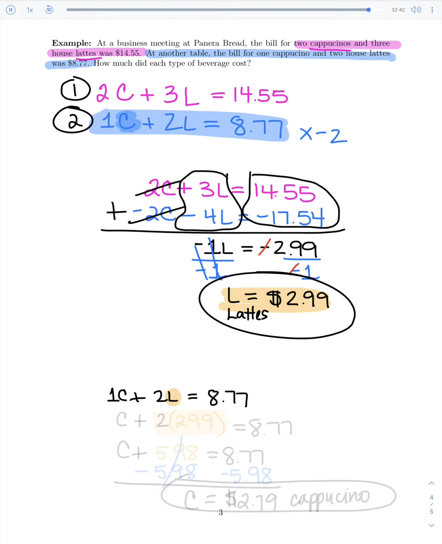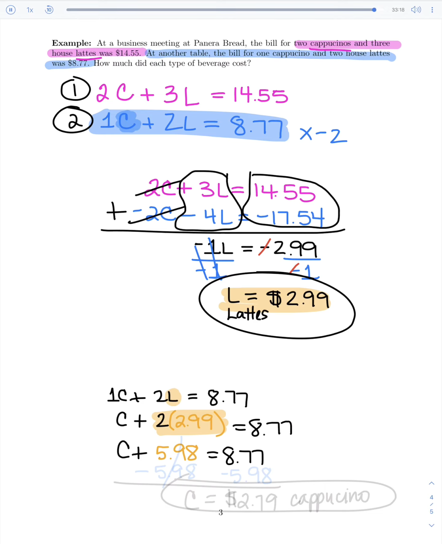So we'll have our cappuccino, the 1C, plus 2 times my latte, which we just said was $2.99, equals 877. Order of operations makes me do the multiplication first. My $2.99 times 2 is $5.98. So I get C plus $5.98 equals $8.77.